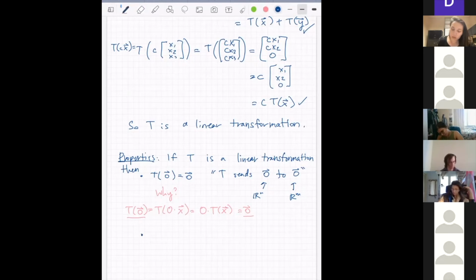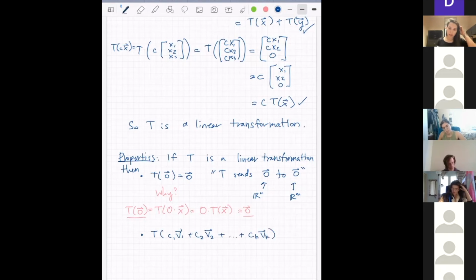And also, we can consider applying a linear transformation to a linear combination. This is where we take some scalars times vectors.